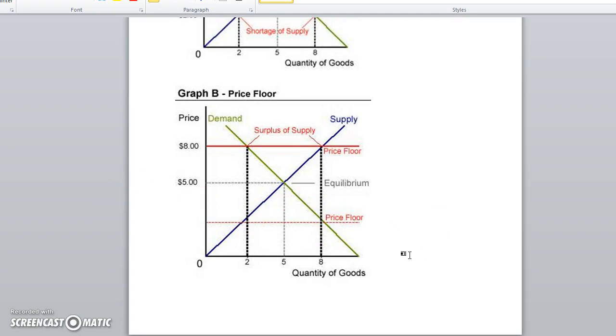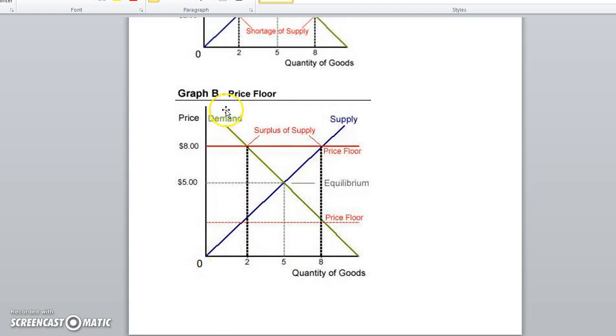In a minimum wage scenario, this demand curve is the employers, those people that want to hire people, so the demand is essentially for workers. The supply is labor. It's the workers, the employees, everyone that wants a job.